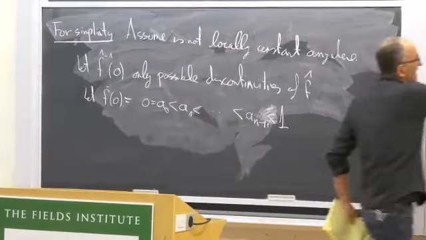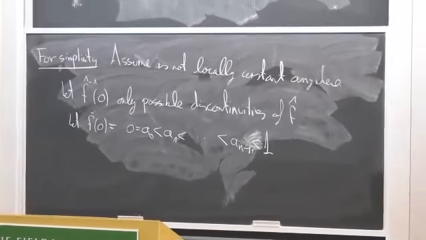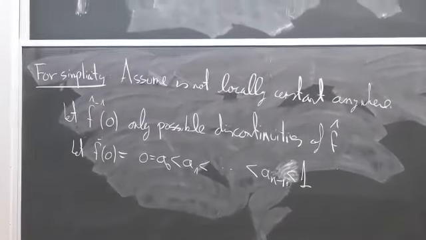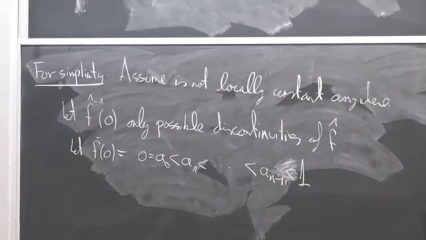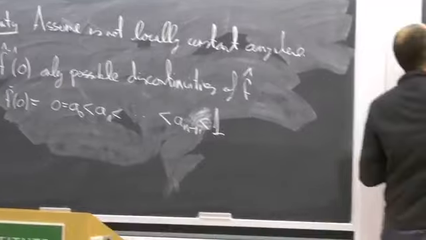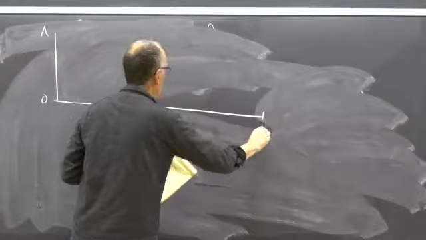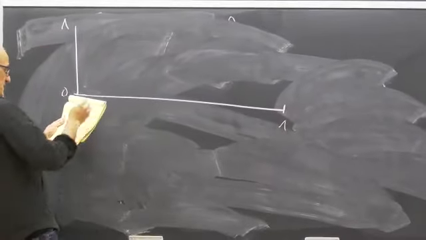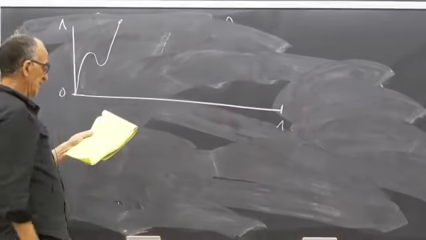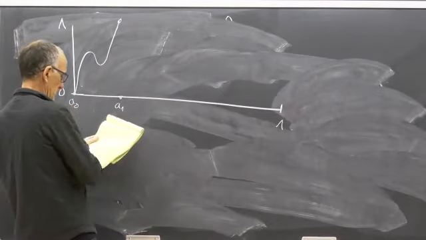And here's the picture that we got. We get something like that. So 0, 1. It's not symmetric, but it's okay. We might get something like that. This will be A1, A0.